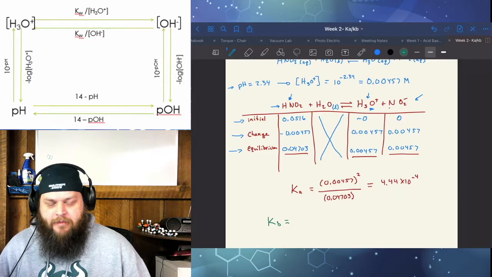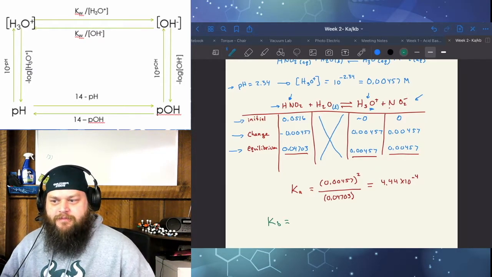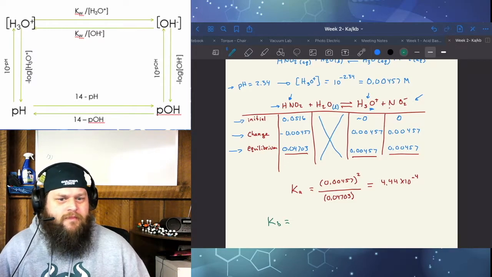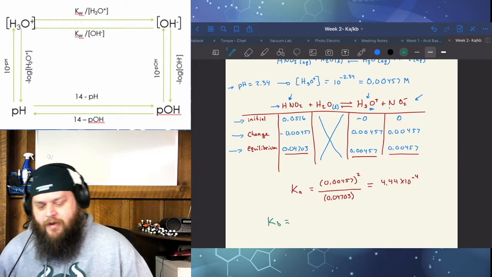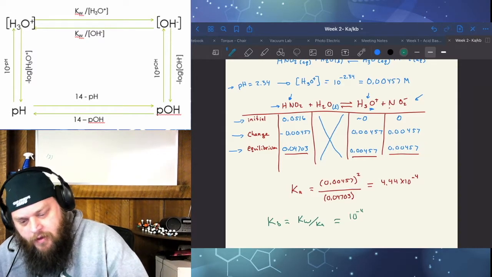We could do that. It would just take a long time. There's a quick or easy way to do that. Kw divided by Ka. Perfect. Kw divided by Ka. So that's just taking 10 to the negative 14th.